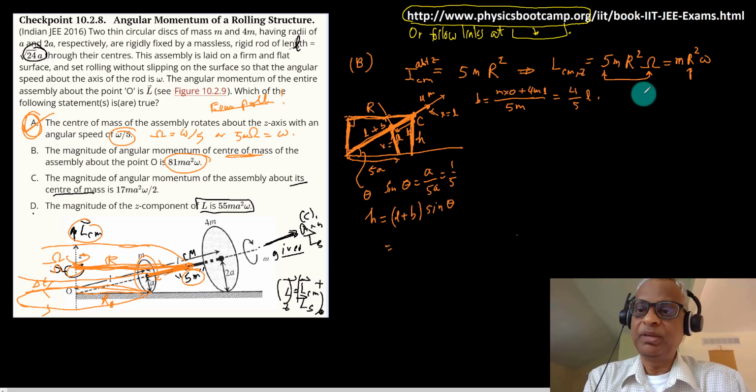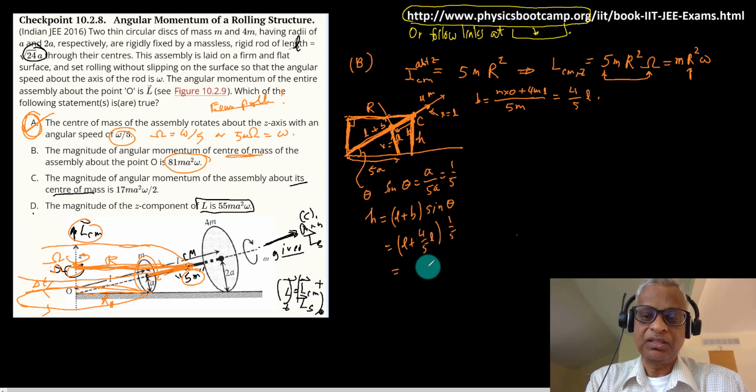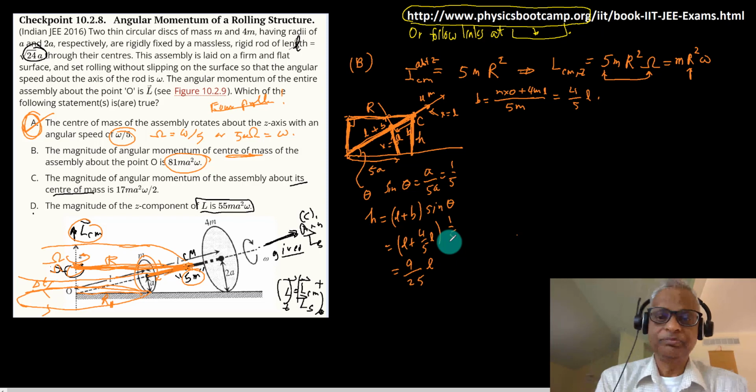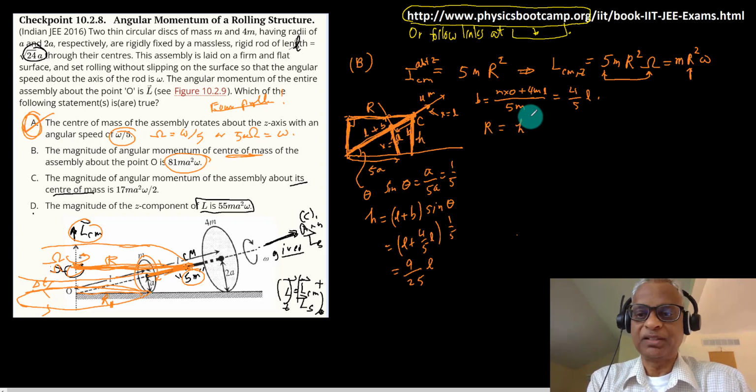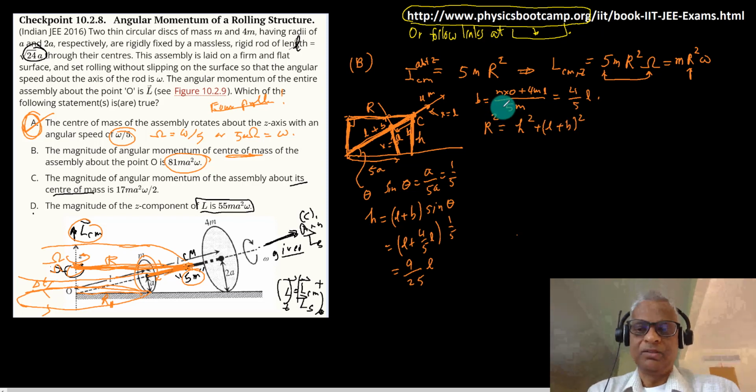So B is 4/5 L, so L plus 4/5 L. Sine theta is 1 over 5. So this whole thing is 9 over 25 L. So the R will be simply the square root of H squared plus L plus B squared.